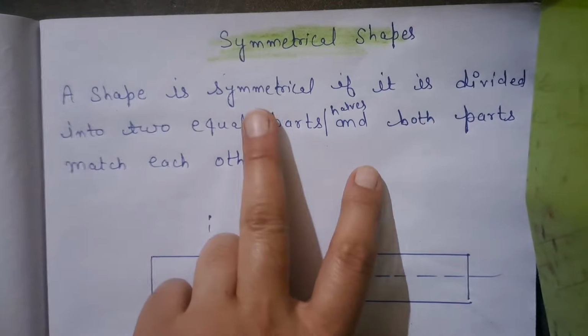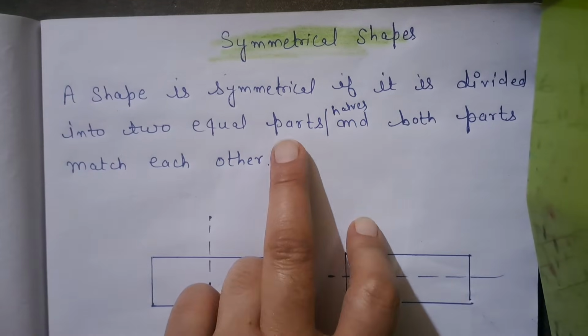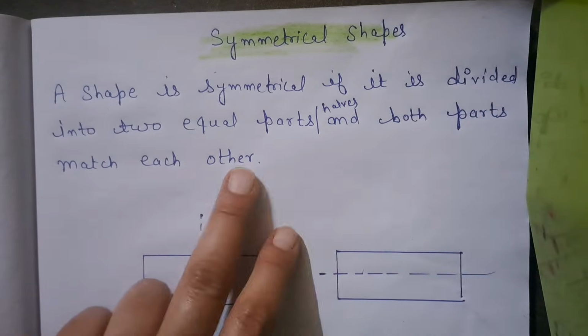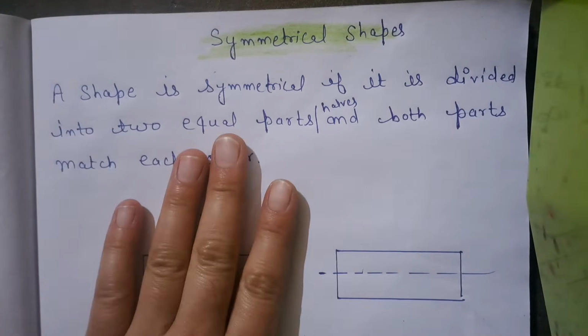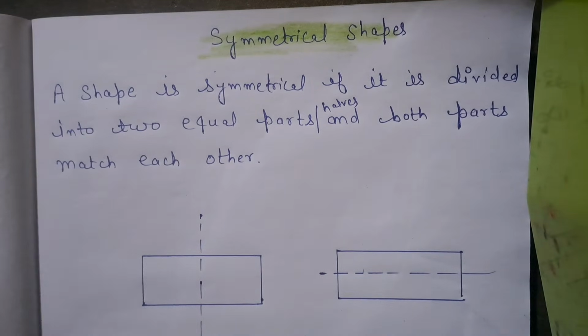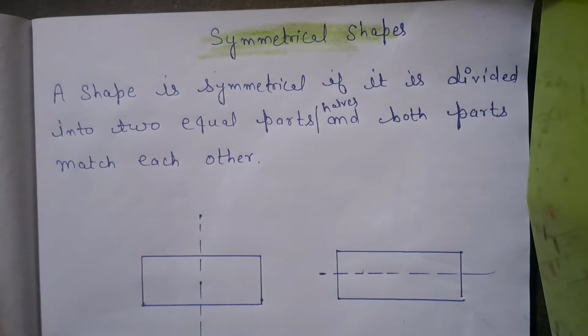A shape is symmetrical if it is divided into two equal halves or parts and both the parts or halves match each other. Okay, so what is the meaning of this definition? When a shape is divided into two equal halves and both the halves are the same in size and shape, we can say that it is a symmetrical shape.